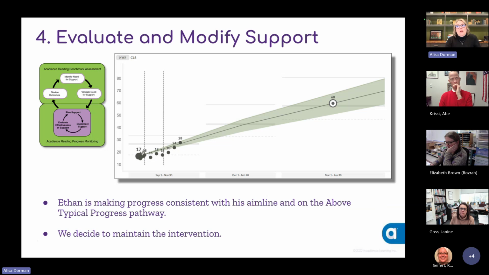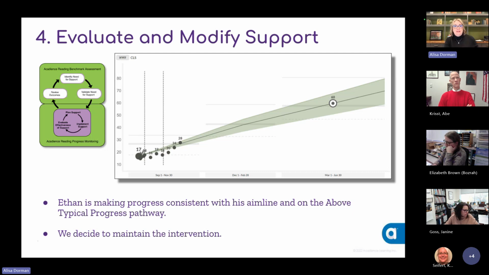Now we see that once we made the second change, the results for Ethan start to trend upward until Ethan now has achieved being at least at the aim line, which seems to say that this is working for him. This modification to change in number of days and the frequency, along with some other strategies, has resulted in Ethan getting back on track.